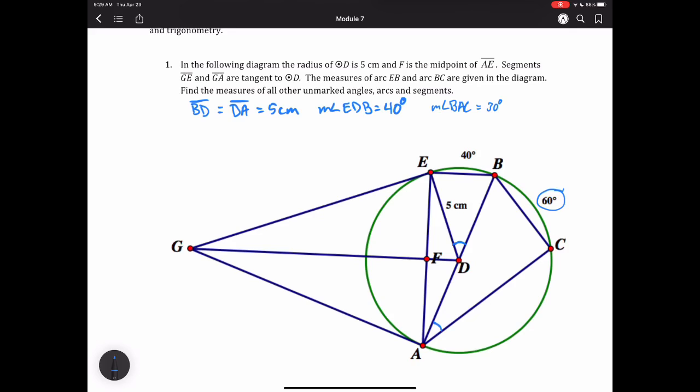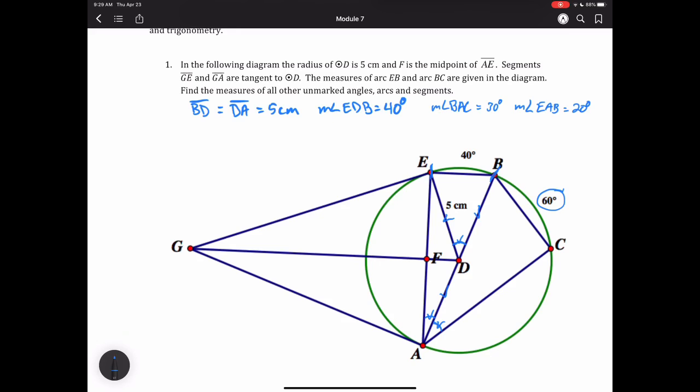I'm going to do the same thing with EAB, right? Because we see that it intercepts this arc EB up here. And so the measure of angle EAB is equal to half of 40, which is 20 degrees, okay? As I go, I'm going to put little check marks on things that I've gotten, just so I'm keeping track of everything, right?